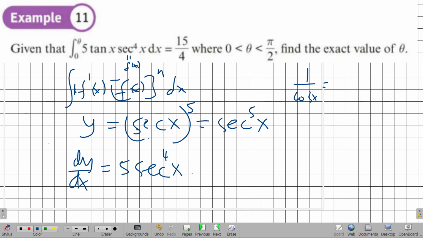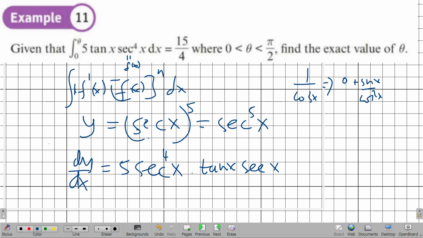By the quotient rule, this is equal to 0 minus, that's your sine, over cos squared x. So it's tan x sec x. So the derivative of the inside function is tan x sec x.